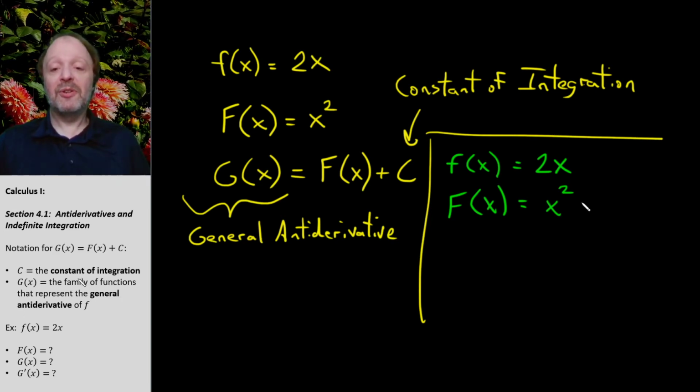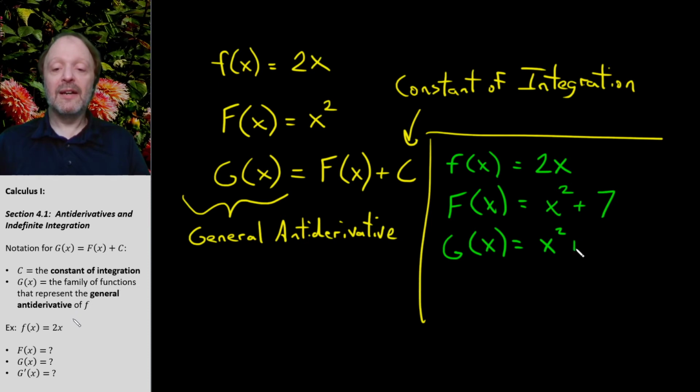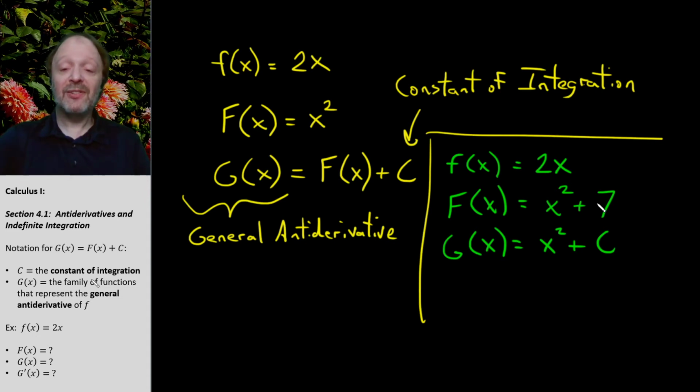It could also, if I wanted to be, plus 7. But the g of x is where you add the c. This is the real answer right here, because this is a specific y value, a specific offset, but I don't know that for sure yet.